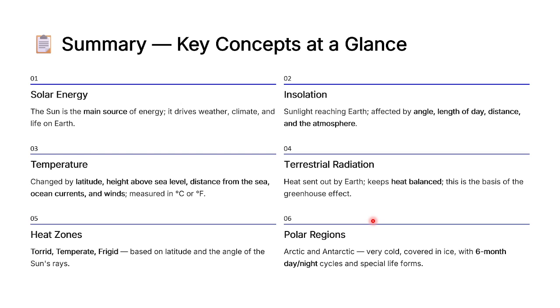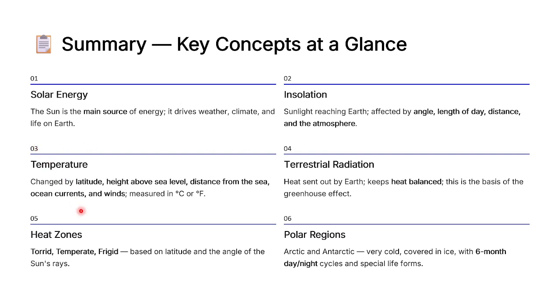Okay, so let us have a summary of the concepts at a glance. Solar energy: the sun is the main source of energy. It drives weather, climate, and life on Earth. Insolation: sunlight reaching Earth is affected by angle, length of day, distance, and the atmosphere.